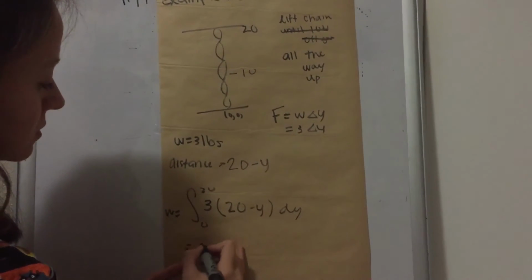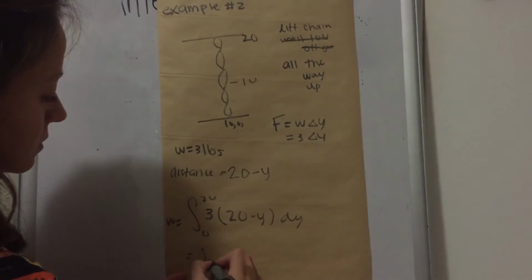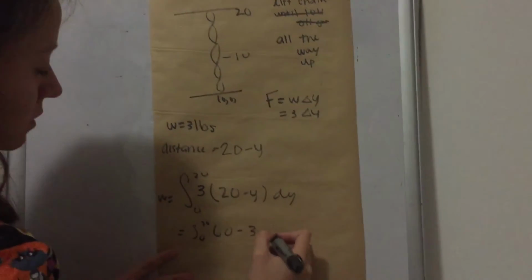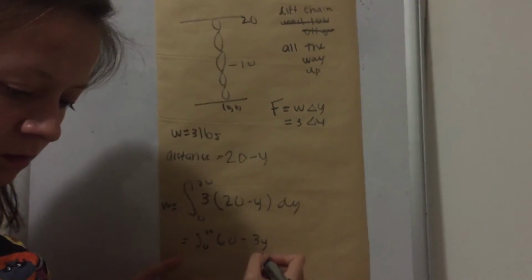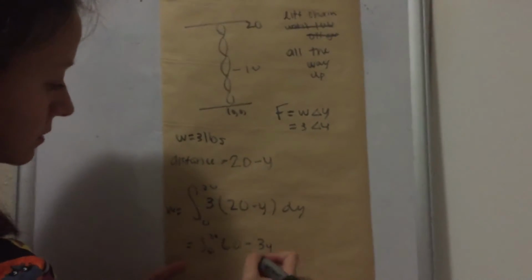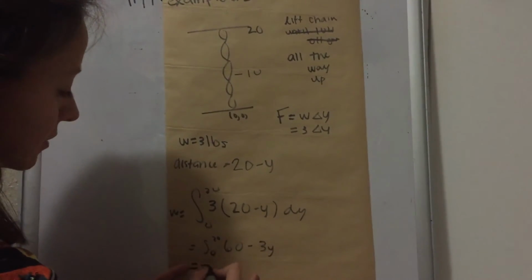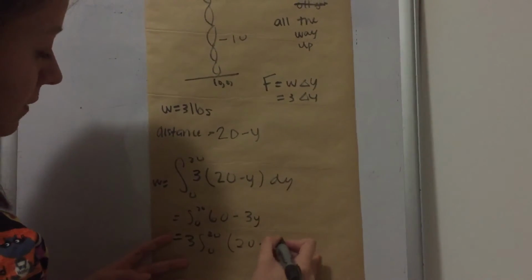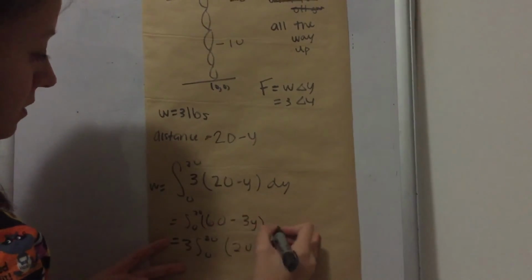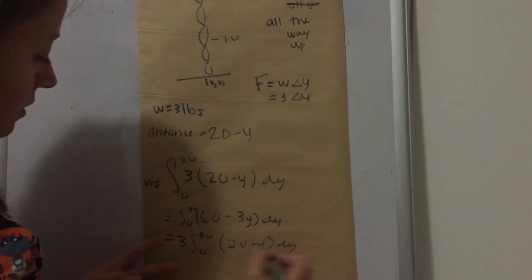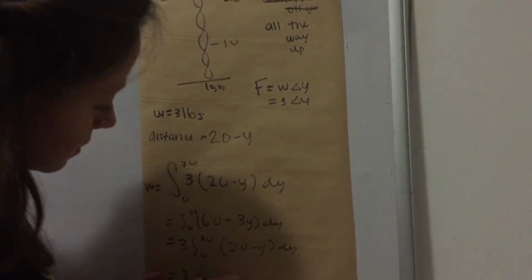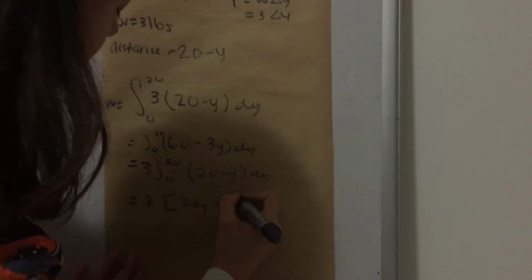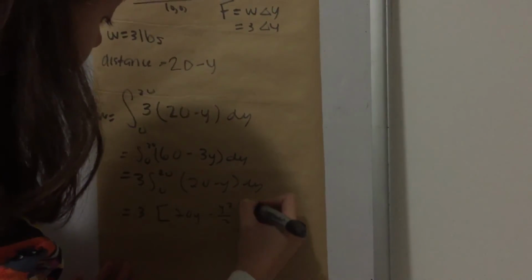And honestly, you can take out the 3, so it's just 0 to 20 of 20 minus y dy, equals 3 times the integral of 20y minus y squared divided by 2.